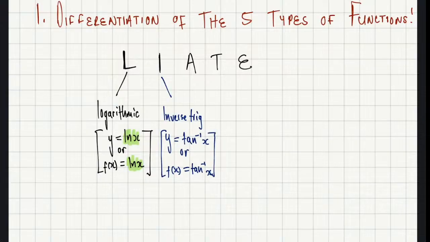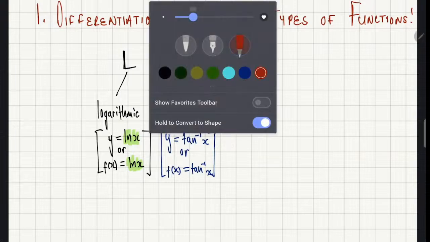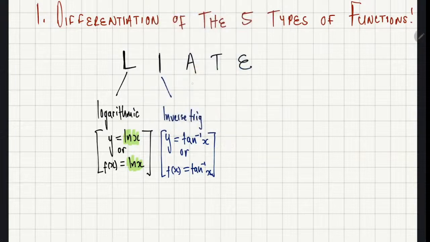And the good thing is that these derivatives are given in MF19. So that's good. I'm going to show you where it gets complicated. They also then want you to know how to differentiate A, which is algebraic functions.